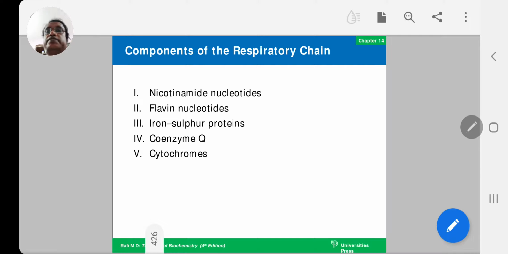These substrates are acted upon by NAD-linked dehydrogenase. For example, glyceraldehyde 3-phosphate substrate is acted upon by glyceraldehyde 3-phosphate dehydrogenase.